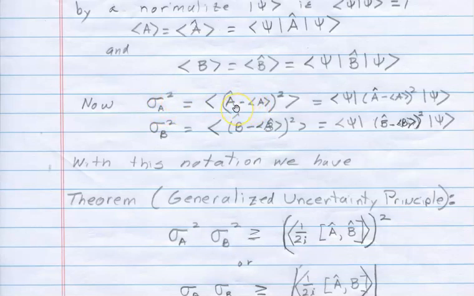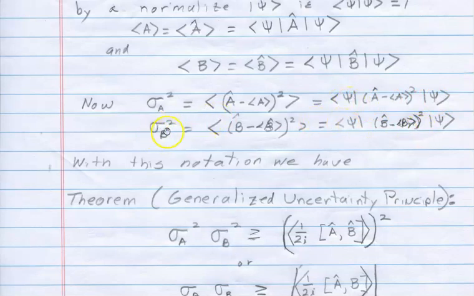Remember, the standard deviation is the deviation of a quantity from its mean, its average value, squared. By definition, it's the expectation value of this operator here, again sandwiched between the bra and ket of psi.